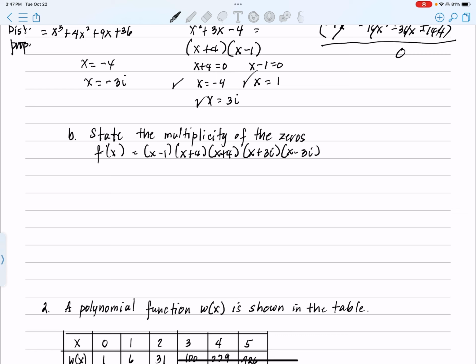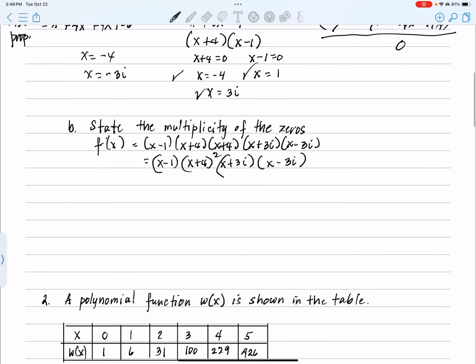So if we're going to simplify that, we have x minus 1, but we have x plus 4 twice. So we can see a multiplicity of 2. In other words, you have x plus 3i and x minus 3i.